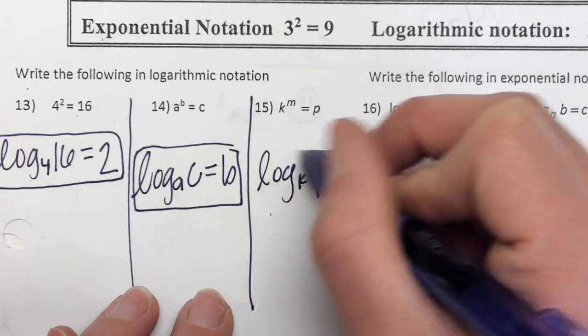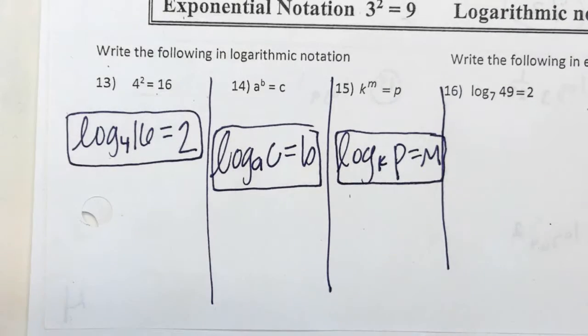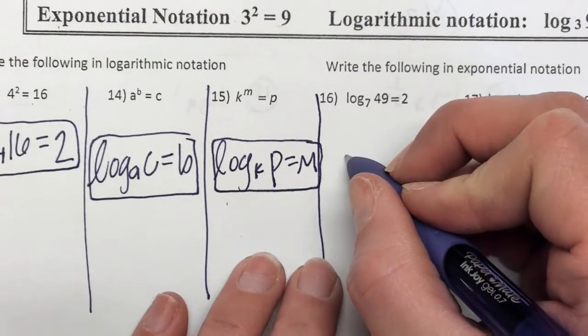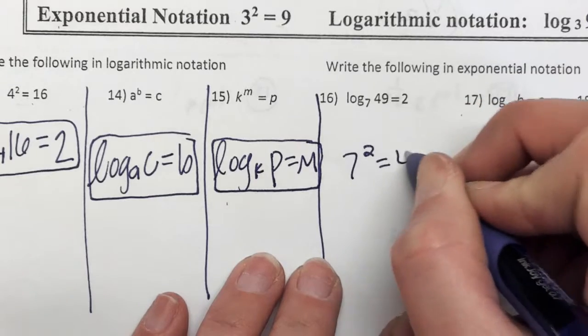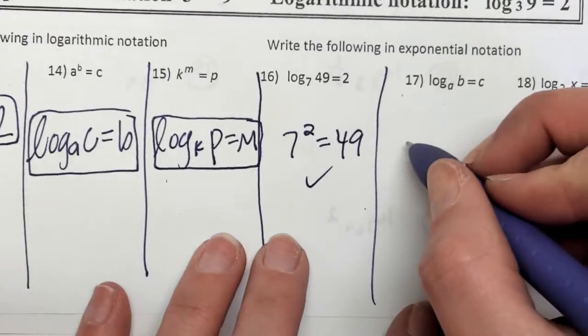Good. Any questions about going from exponential to logarithm? Alright, Alex, read me this one. This time we're going from logarithmic to exponential. Good, and is that true? Yes. Alright, Simon, read me this next one.